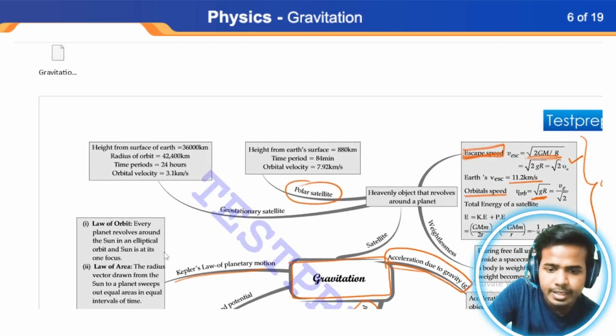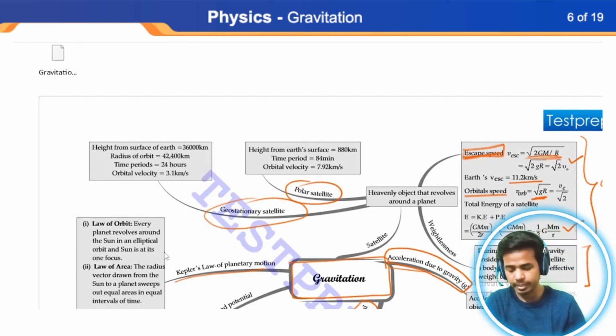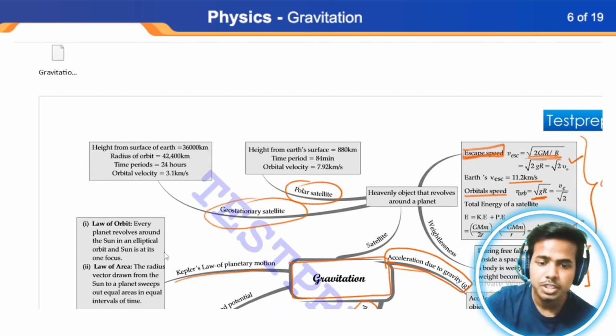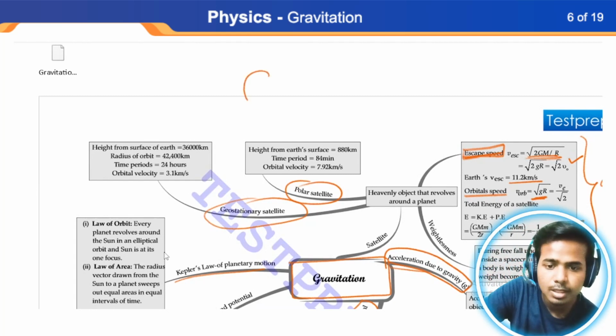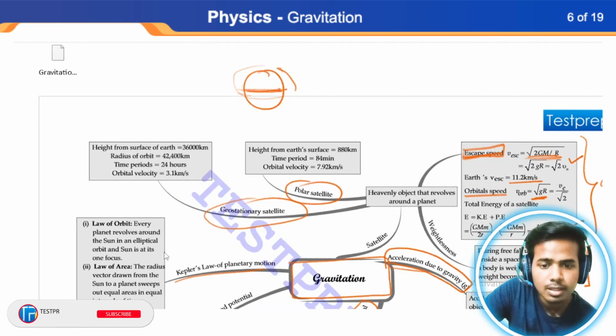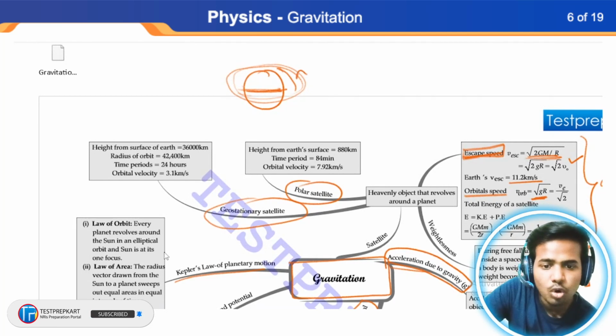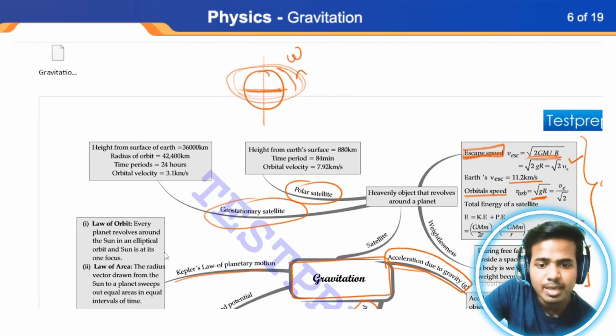The polar satellite and geostationary satellite are no longer in your syllabus. They have been deleted, so they are not relevant. But still, I will give you a very basic idea. Let's say you have a satellite which rotates above the equator with the same omega as the omega of the earth.